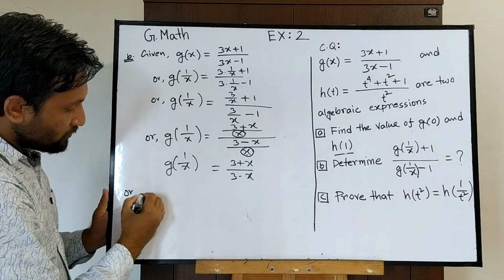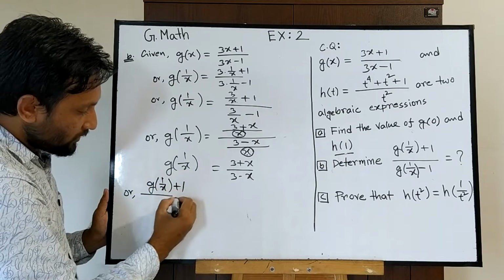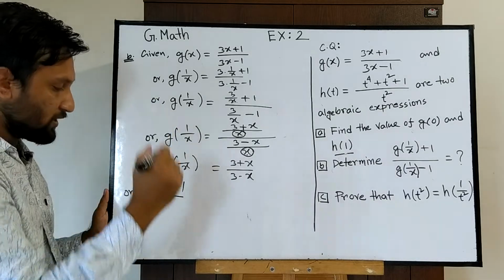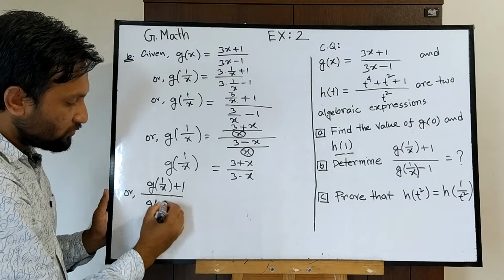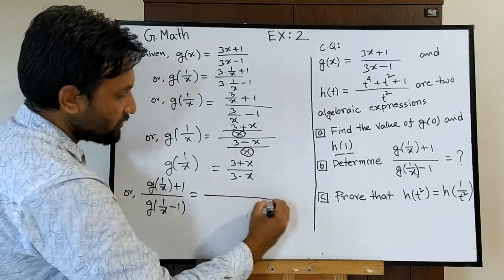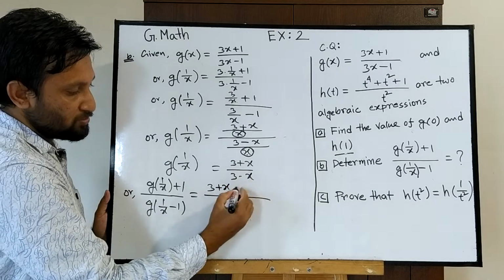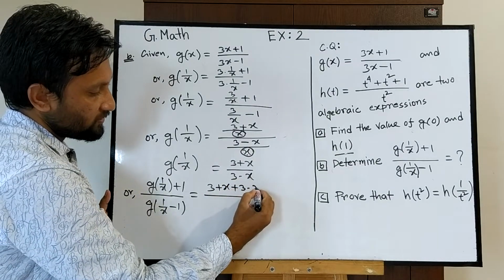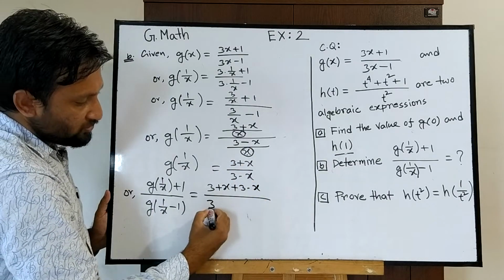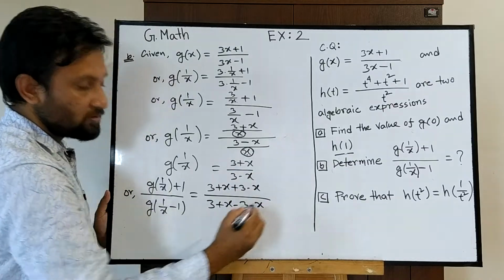So we can write, componendo, g of 1 by x plus 1, because the denominator is imagined as 1, divided by g of 1 by x minus 1. Now on the right side, componendo, 3 plus x plus 3 minus x, and in the denominator 3 plus x minus 3 minus x.